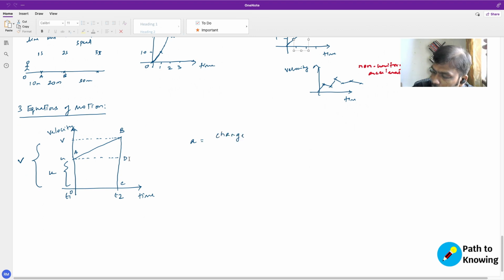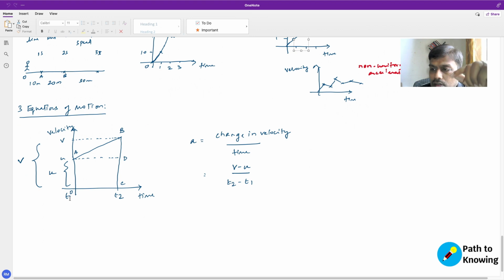So in this case, your change in velocity is going to be the object's final velocity v, and it started with u, so it is going to be v minus u divided by t2 minus t1, right?